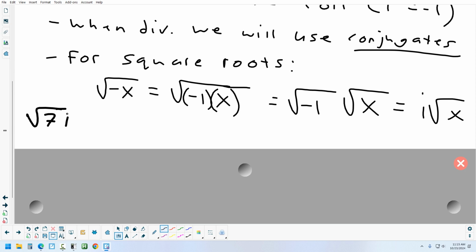The i isn't supposed to be in the square root. It's supposed to be like this. If you put the i in front, there's no confusion that the i is not under the square root. Now, when you don't have a square root, then it's perfectly fine to put the i after the number, because there's no confusion about the root symbol, because there isn't one. So any question when you should put the i before or after your number?